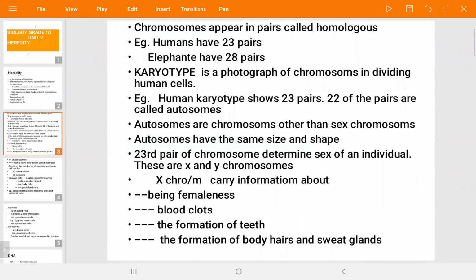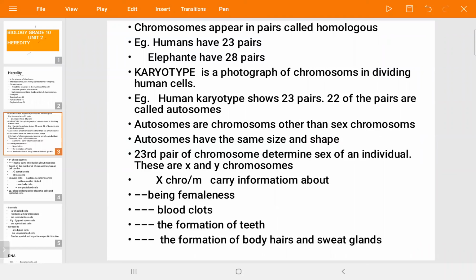Of these 23 pairs, 22 of the pairs are called autosomes. Very important. Keep it in your mind. Autosomes are chromosomes other than sex chromosomes.